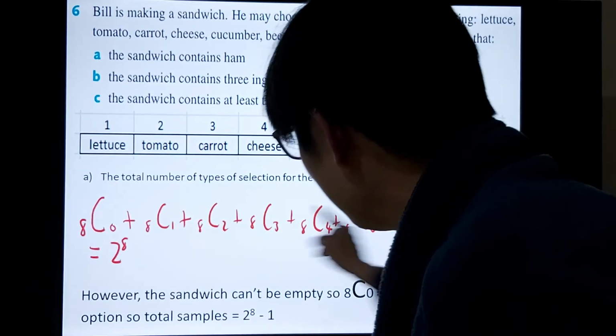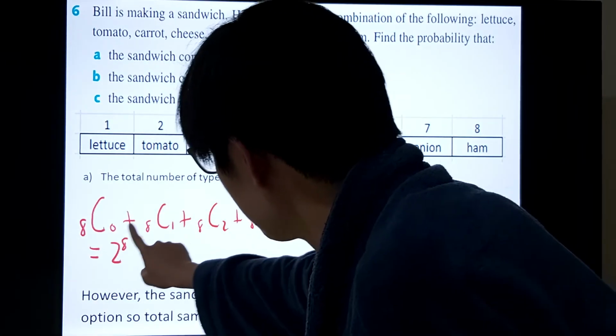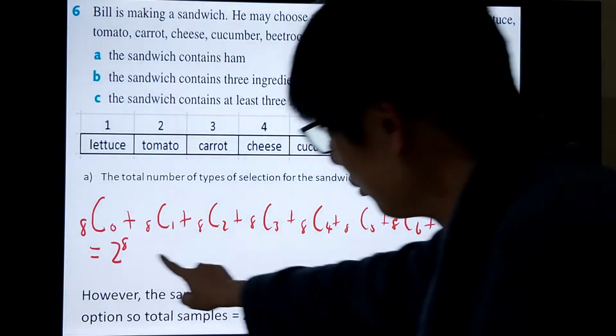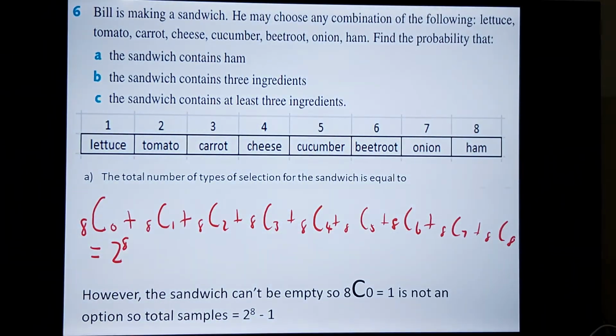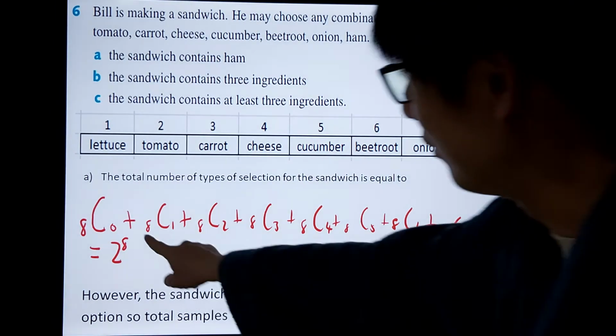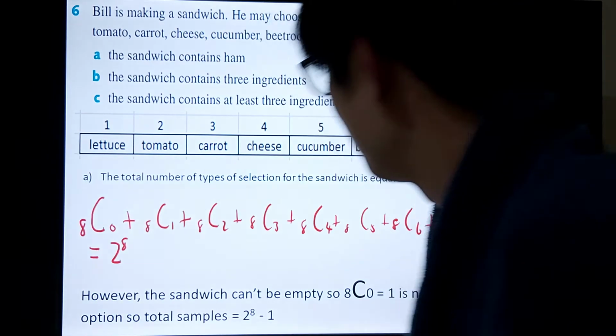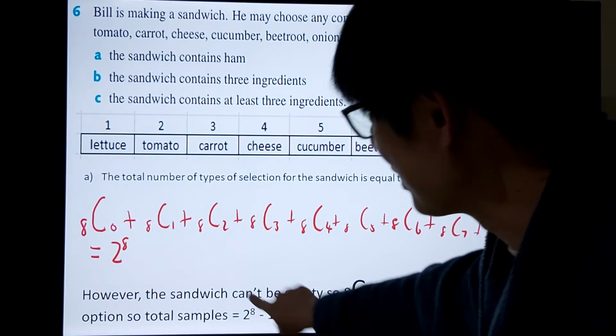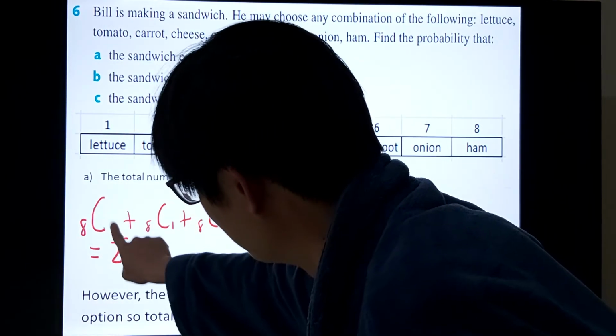Or you can calculate in this manner: 8C0 plus 8C1 plus 8C2 until 8C8. It will be 2 to the power of 8. However, you have to minus one, because your sandwich can't be empty, you must at least select one. So not selecting anything is not an option. This one is actually 8C0, which is 1.